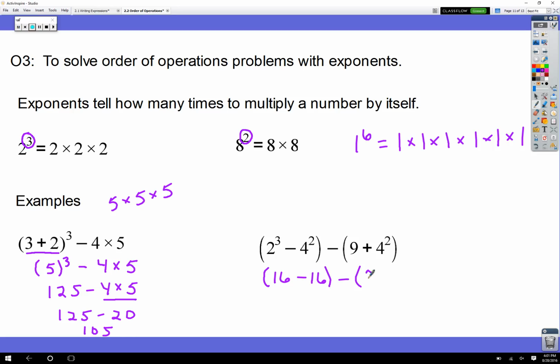Okay, my next parentheses, I have 9 plus 4 to the second power, and 4 times 4 is 16. Now I'm going to do what's inside the parentheses. 8 minus 16 is negative 8, minus 16 plus 9 is 25, and 0 minus 25 is negative 25.